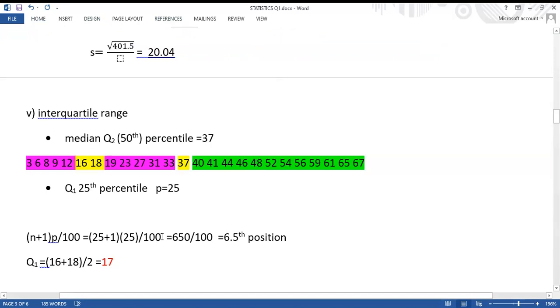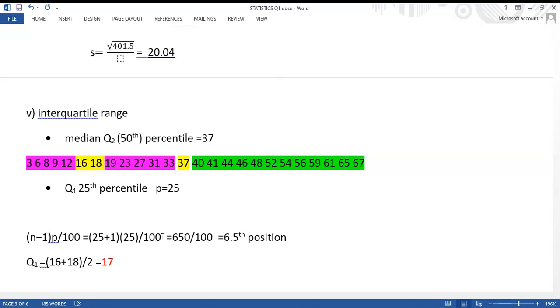Excuse me, sir. Yes? Does it mean that every time you have the 50th percentile, it's always called Q2 and Q1 is always 25? Yes. Do you remember when we were finding cumulative frequencies, when we total up the data, like here, we've totaled up the data to 875?